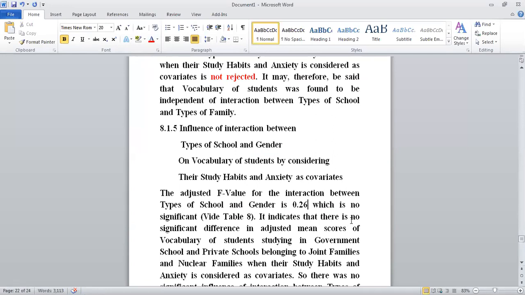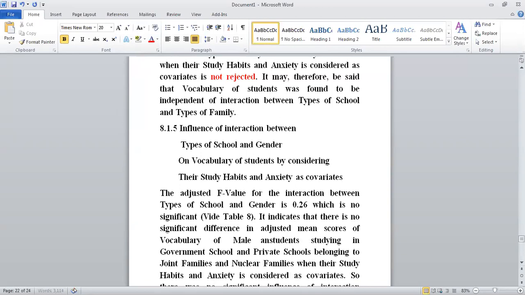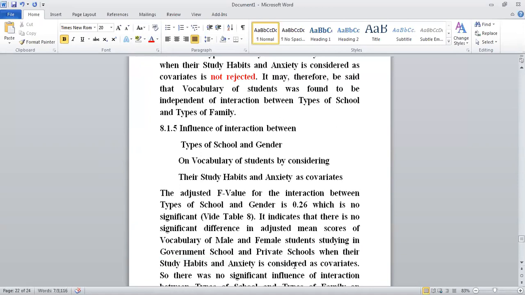So it indicates that there is no significant difference in adjusted mean scores of vocabulary of male and female students studying in government and private schools when their study habit and anxiety is considered as covariate.